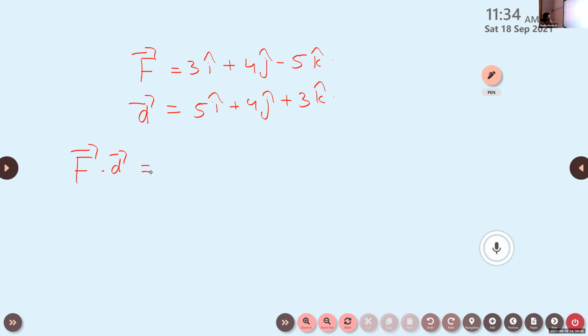The answer of vector F dot vector D. Rahul, are you here? Did you get the answer?